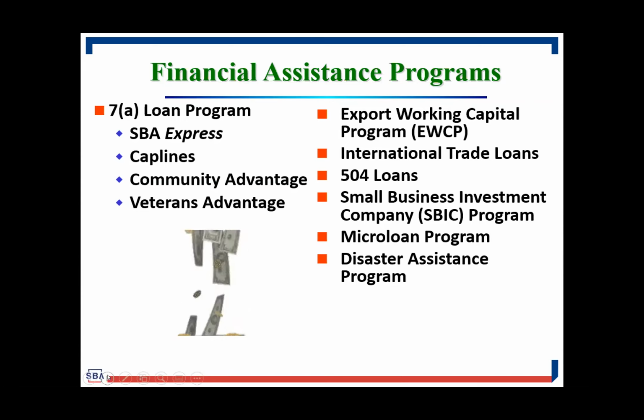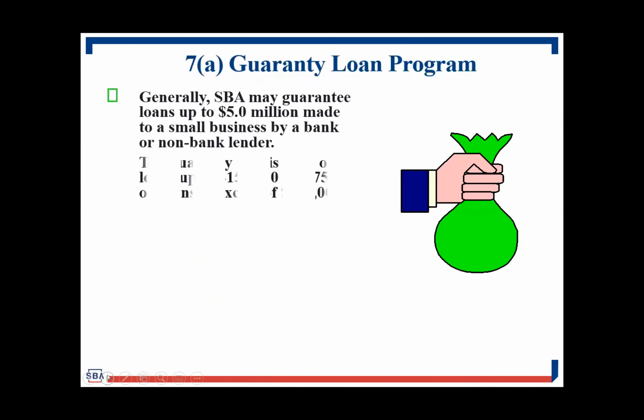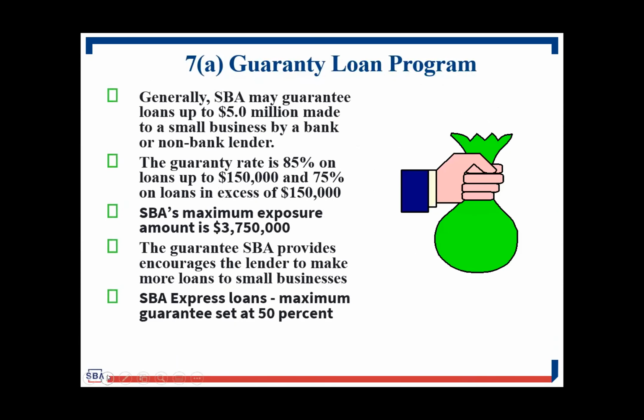You may not need 150,000 or 200,000 or even 100,000. So if you need $50,000 or less, the microloan program will be a benefit to you. And of course, since we are always in the midst of a disaster, we can no longer just say hurricane season, because we have tornadoes and flooding. Then SBA provides disaster assistance. So let's look at each of these programs.